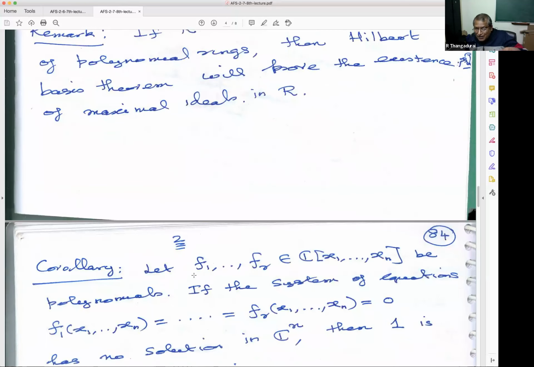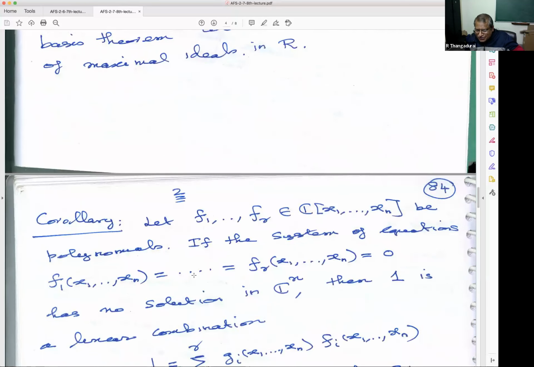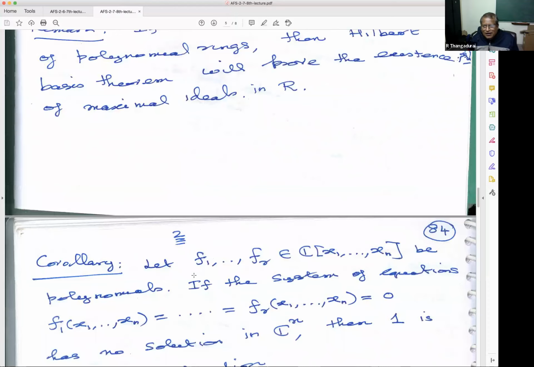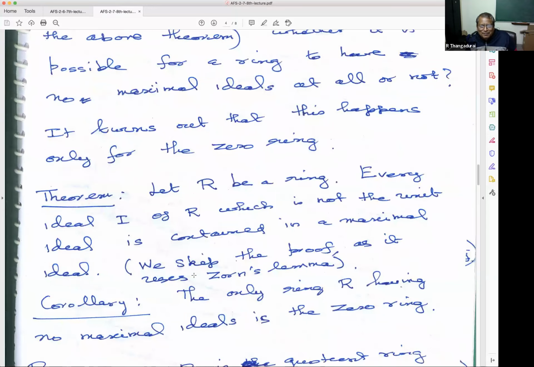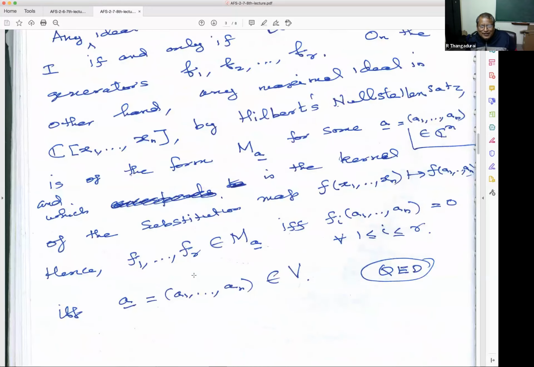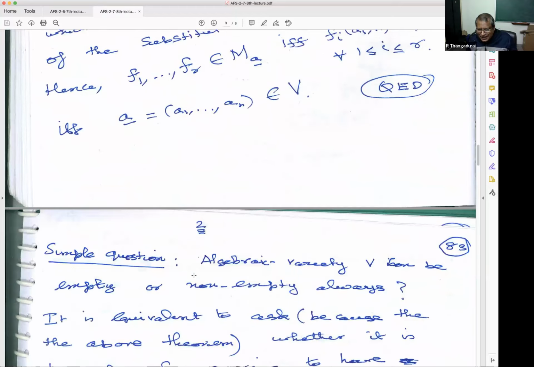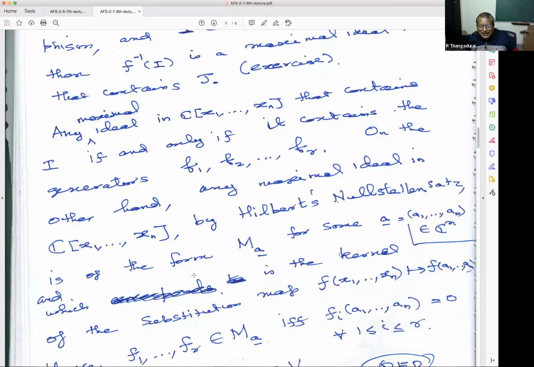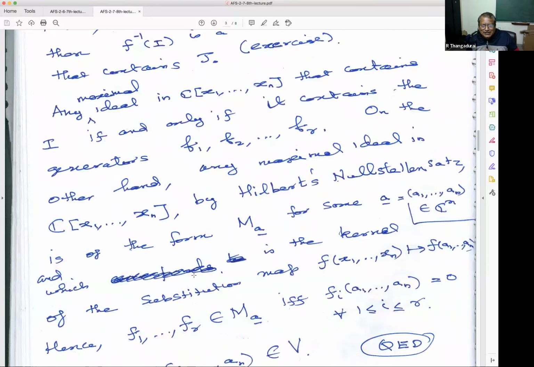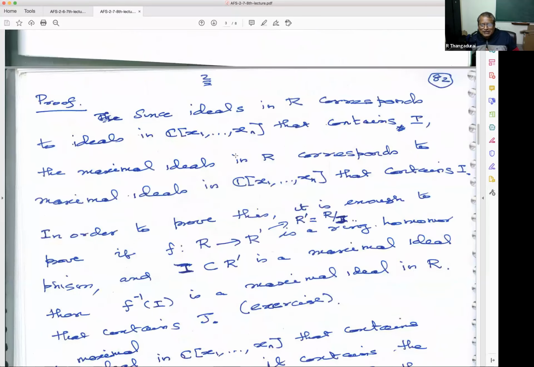What the previous theorem says is that if V is a variety, meaning there is a common solution, then we are able to connect to the maximal ideal.